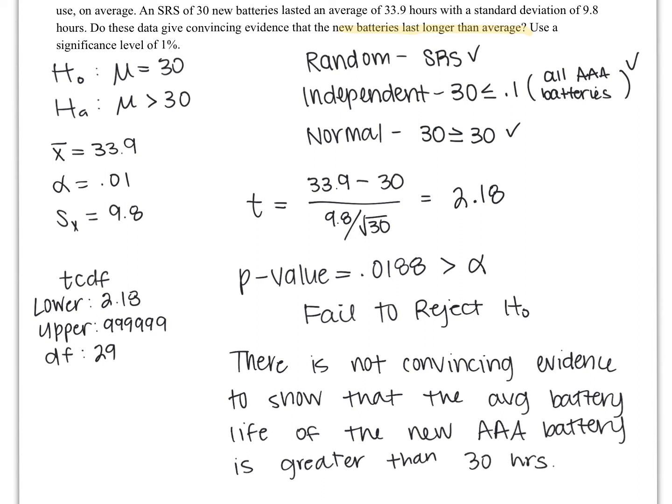So remember, when we are performing significance tests or even confidence intervals with means, we have to remember our units for our problem when we're writing our sentence, because we're not dealing with percentages anymore, we're dealing with averages, and they are going to all have units associated with them.